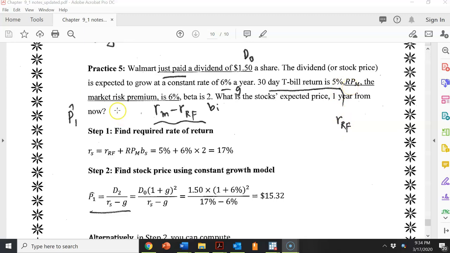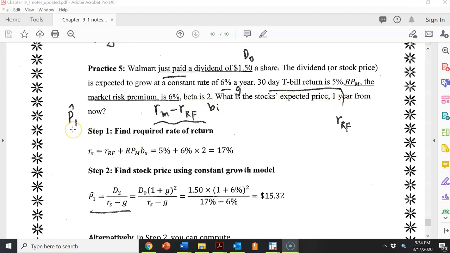RPM, the market risk premium, is 6%, which means RM minus RRF is 6%. This time we're not getting the market return, we're getting the market risk premium. So it's not RM, it's RM minus RRF as 6%. Beta is 2. What is the stock price 1 year from now?